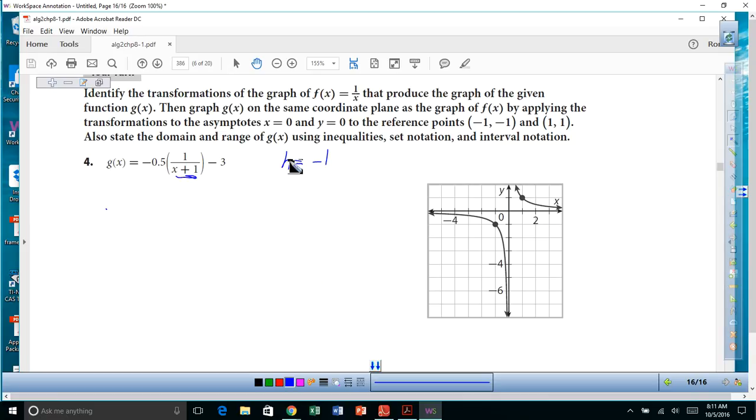So that is going to be our vertical asymptote. x equals -1.